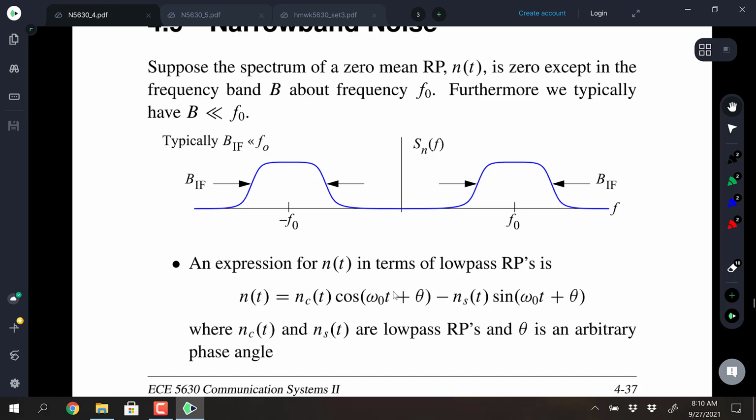So the model that we have to use, in order to represent how the noise impacts the system, is called the narrowband noise model, and the bandwidth B is assumed to be much less than the carrier frequency.